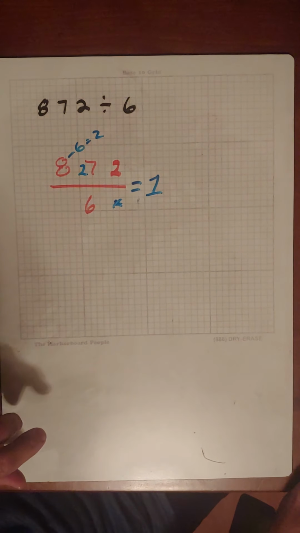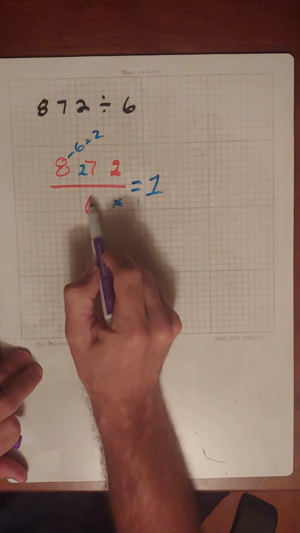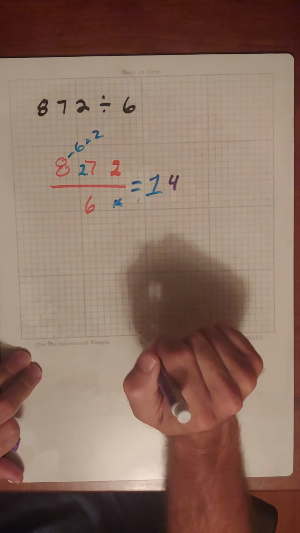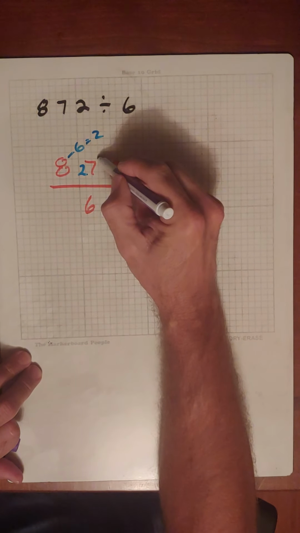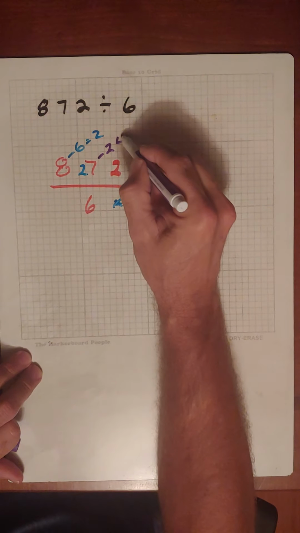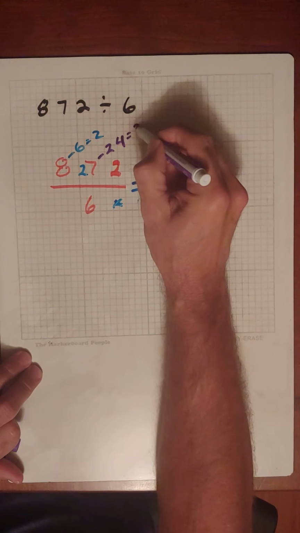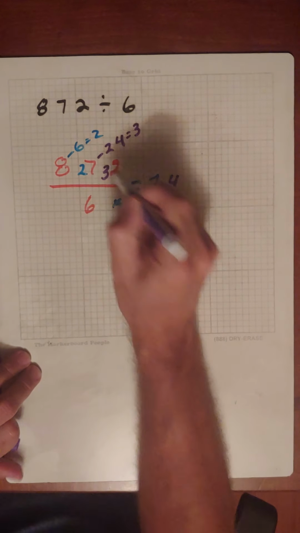And now this number is 27. So 6 goes into 27 4 times, just like our other algorithm. 4 times 6 is 24. So I go 27 minus 24 equals, and that equals 3. That 3 goes right here.